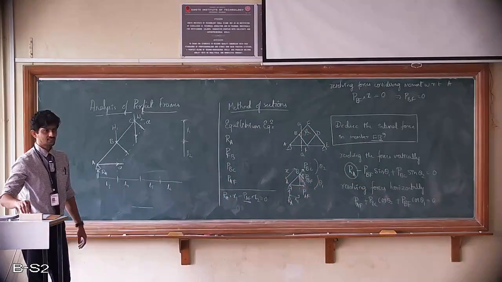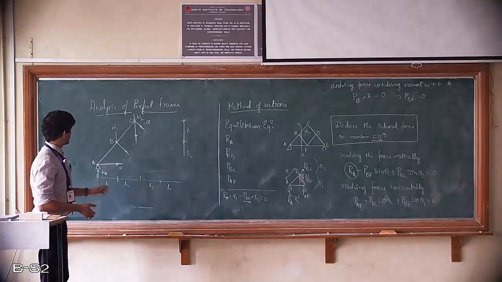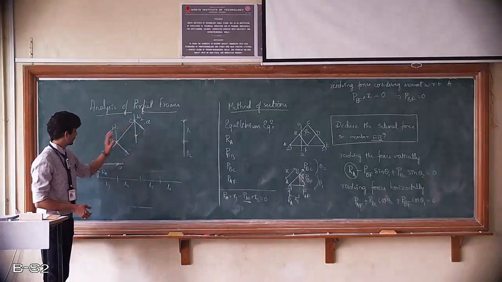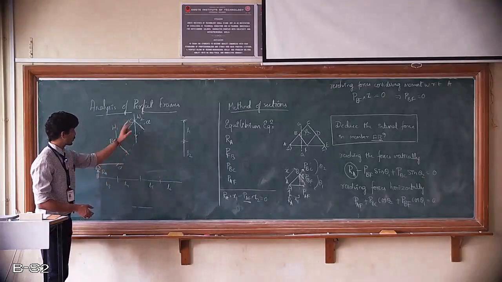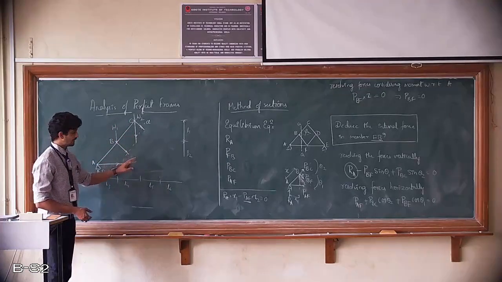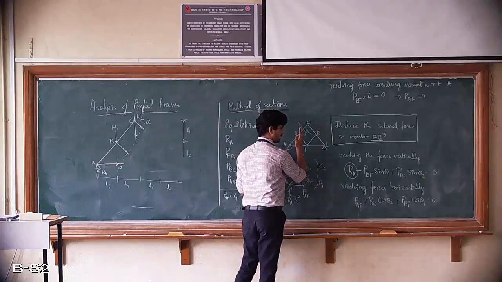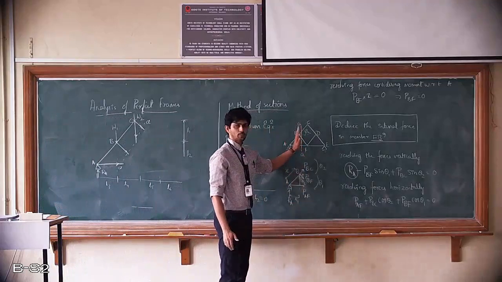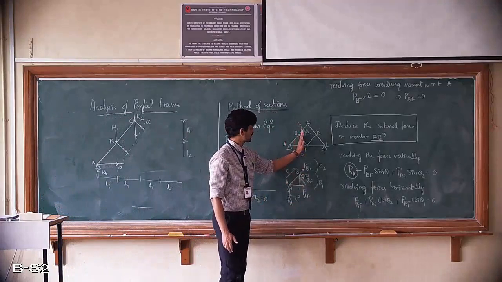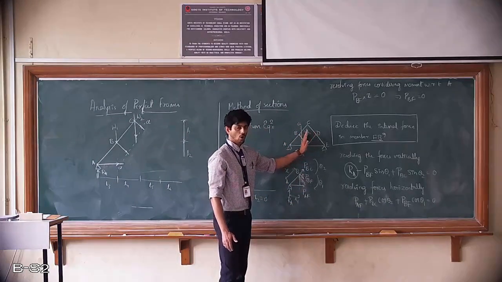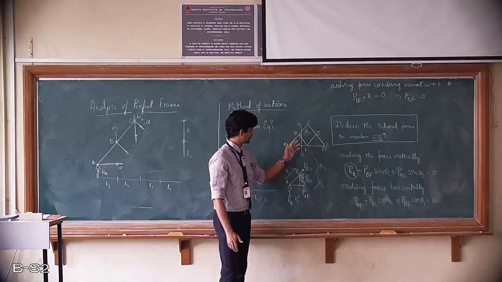Now what exactly is this method of sections about? Here the method of joints starts by resolving each joint, whereas in the method of sections, we just consider a particular section AA, and with respect to that section, we consider either the right hand side of the structure or the left hand side of the structure.